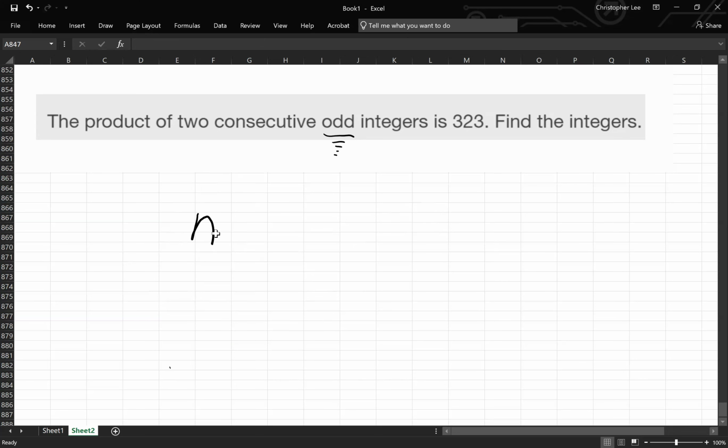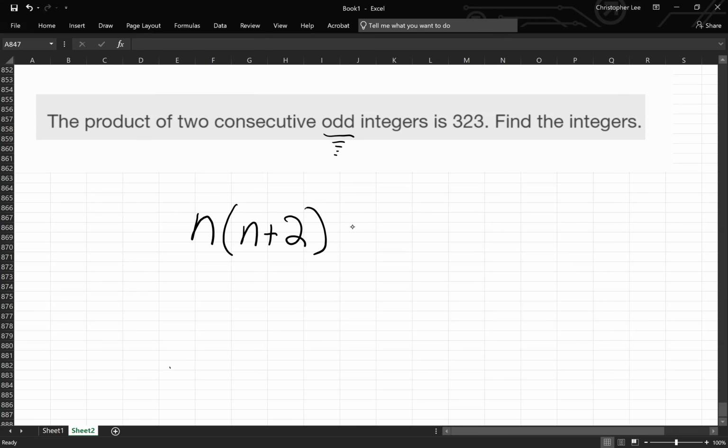Let me give you guys an example. Consecutive odd integers. So that's like 1 and then 3, right? Not like 1 and then 2. So the way that I wrote it before when I said n and n plus 1, that's like 1 and 2. This is more like 1 and then 3. So this should actually be n times n plus 2, right? If I was going to get 1 and then 3.